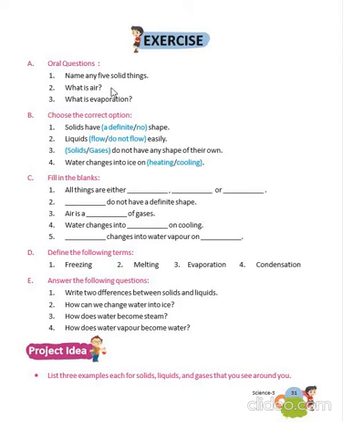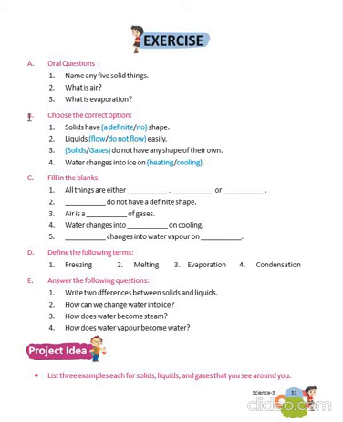Air is a mixture of gases such as oxygen, nitrogen, carbon dioxide, water vapors, dust particles and smoke. What is evaporation? Evaporation is the process by which a liquid changes to gas.